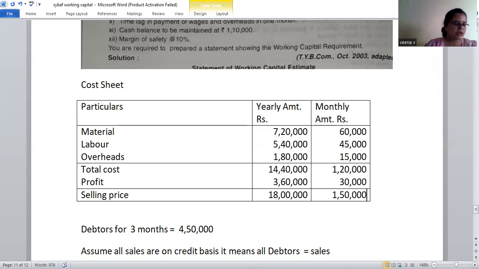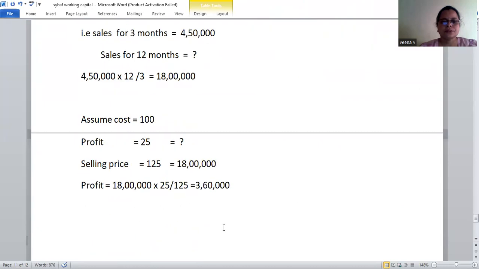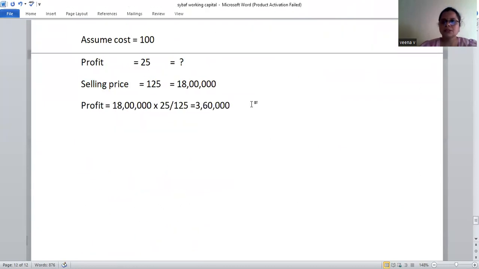Once you have got the cost sheet, let us start with the statement showing working capital required. So our next statement will be the statement showing working capital requirements. As usual, we have to draw the table for that.